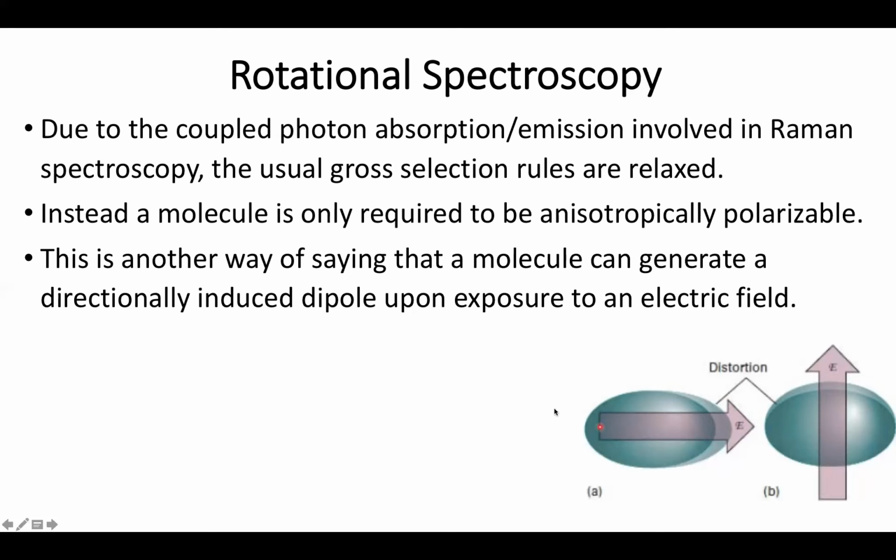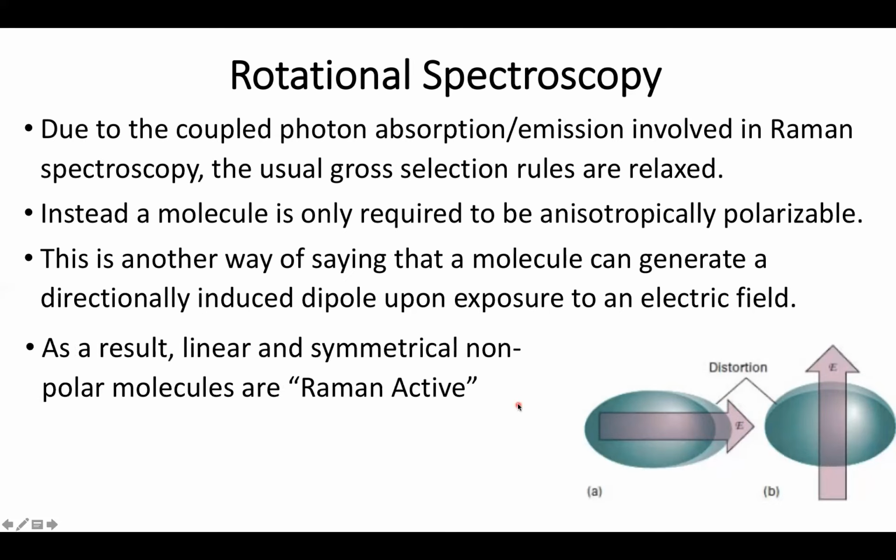The biggest benefit of this for us is that if I have a linear molecule or a symmetrical molecule that's nonpolar, it can still be categorized as Raman active, or essentially it can absorb via Raman spectroscopy, even if it may be microwave inactive, which is another way of saying I can't see it using typical rotational microwave spectroscopy.